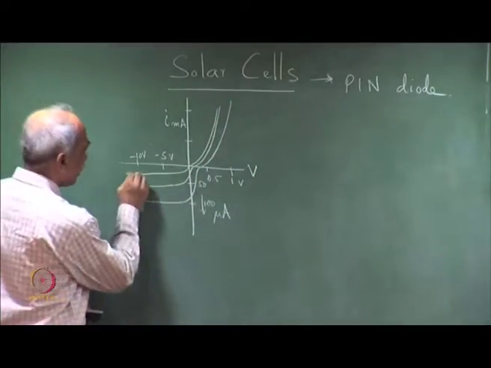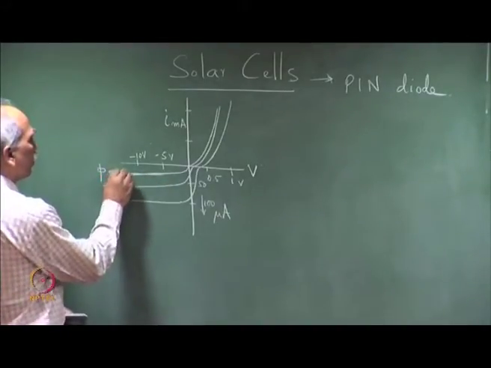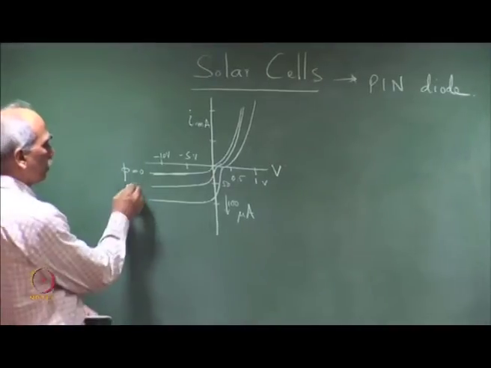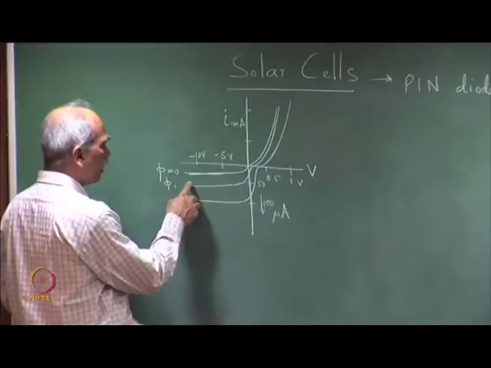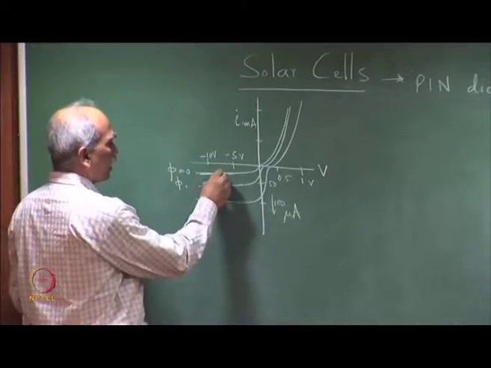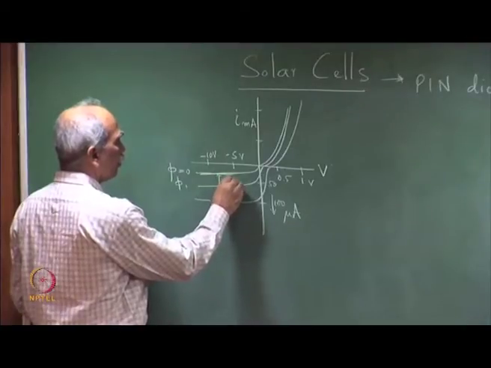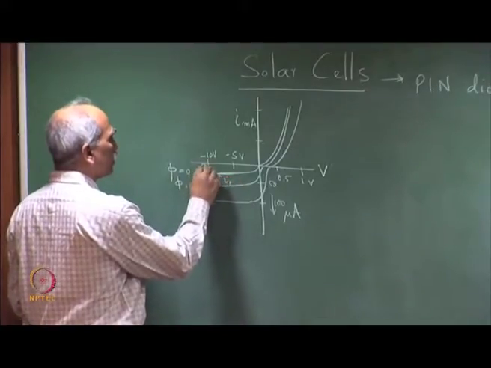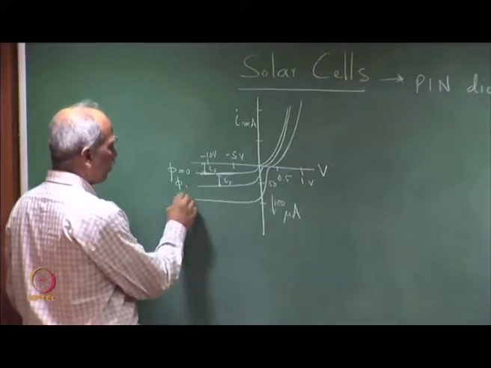So, this is I S, the saturation current when there is no incident photon flux, phi equal to 0, and this is for an incident photon flux phi 1, and because of that there is a finite photocurrent I p here. So, this is I p and this is I s, the saturation current.